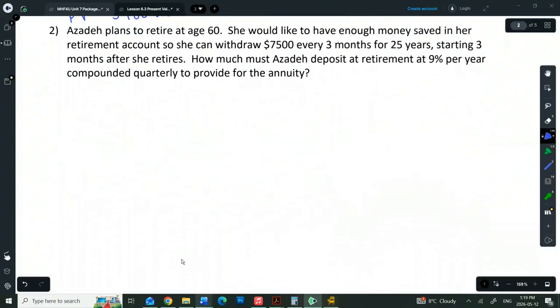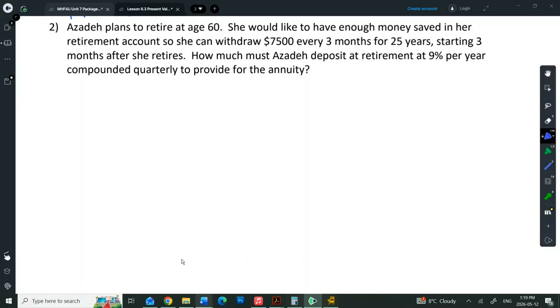Let's try another one. Zeta plans to retire at age 60. She would like to have enough money saved in her retirement account so that she can withdraw 7,500 every 3 months for 25 years, starting 3 months after she retires.